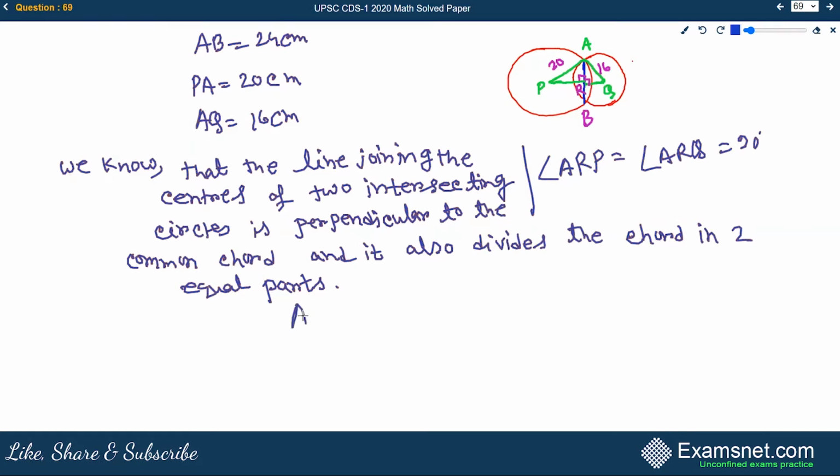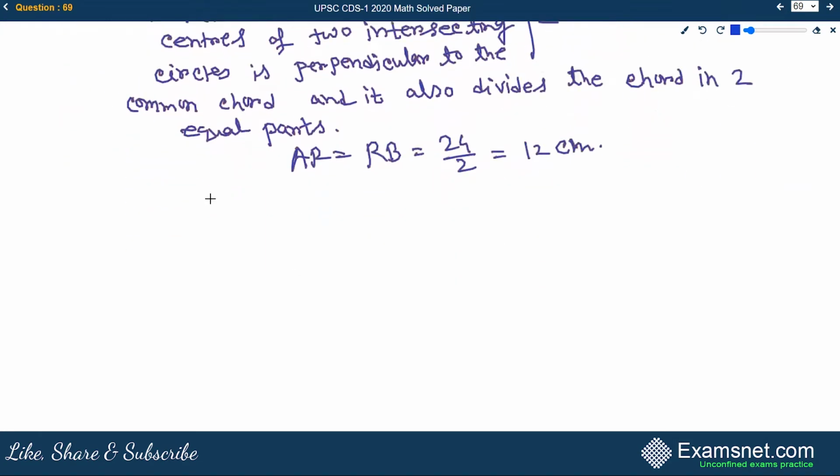So here AR equals RB, and that is 24 by 2, 12 centimeter. Okay, now in right angle triangle APR, we can write AP squared equals AR squared plus PR squared.